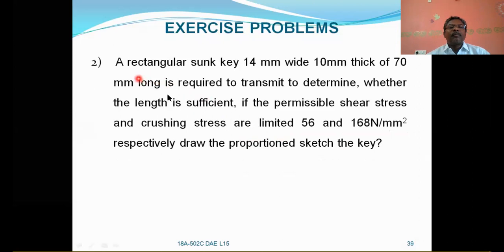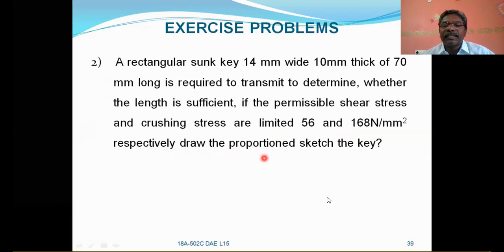And here also another problem: a rectangular sunk key 14 mm wide and 10 mm thick and 70 mm long. Width is given to you, thickness is given to you, length is also given to you, and required to transmit the power and to determine whether the length is sufficient if the permissible shear stress and crushing stress are limited to 56 and 168 newtons per mm square respectively.